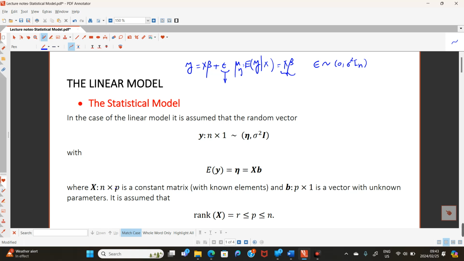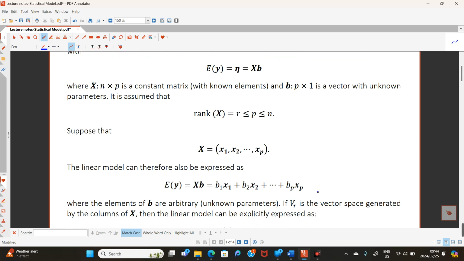X is n by p, and is actually a constant matrix with known elements, so it is not random here, and you're working with fixed effect regression. So the effects here are fixed, they are not random, because we also have random effect models, but here we consider the fixed effect model. Or better say, we consider fixed effect mean regression modeling.